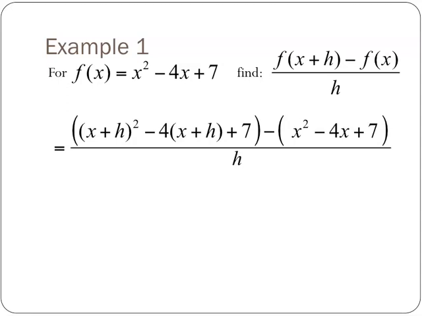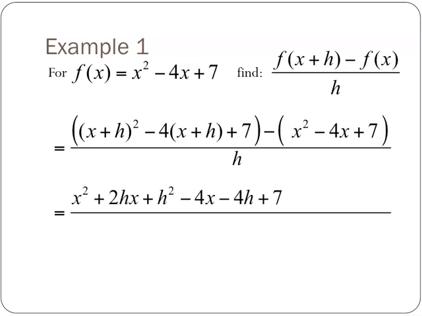A lot of the work here is just doing the algebra. So this x plus h squared is x squared plus 2hx plus h squared. Distribute the minus 4, so minus 4x minus 4h plus 7. Distribute the minus to the f of x, so that's minus x squared plus 4x minus 7, and then all over h.